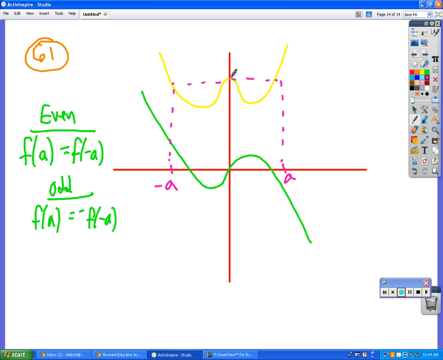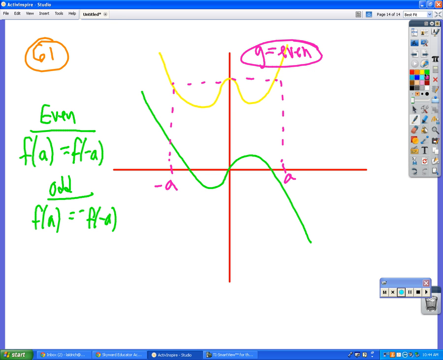So in the case of the yellow graph, f of a equals f of negative a, so that means that, which function was that? G is an even function, okay? And so one of the things you could add to your notes is that even functions are symmetric with respect to the y-axis, okay?